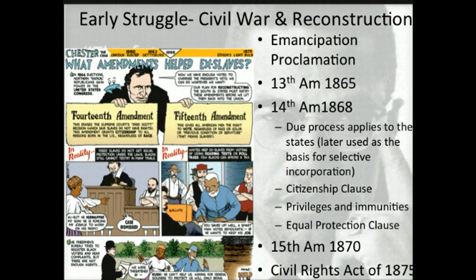Now, the first time we ever passed legislation in Congress that tried to prevent discrimination by private companies was in 1875. The Civil Rights Act of 1875 is often overlooked because it was ineffective.